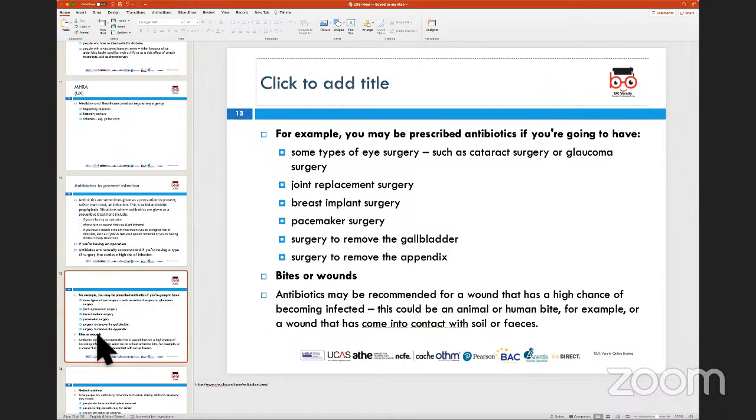Now, when we talk about prescribed antibiotics, or antibiotics which are generally given, there are different examples of them and conditions under which we can give them.